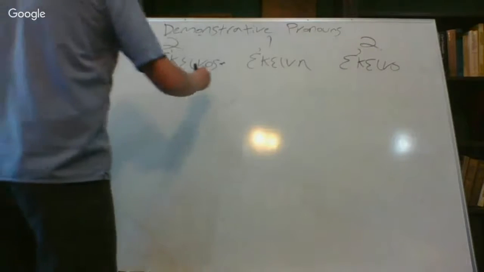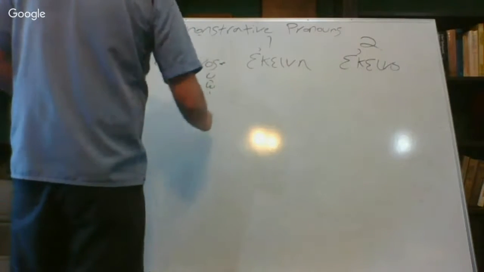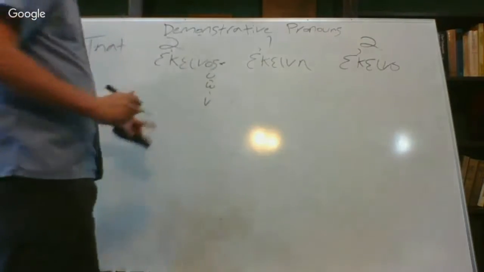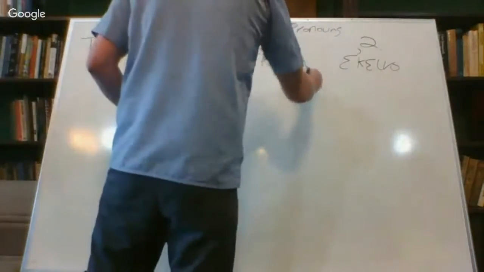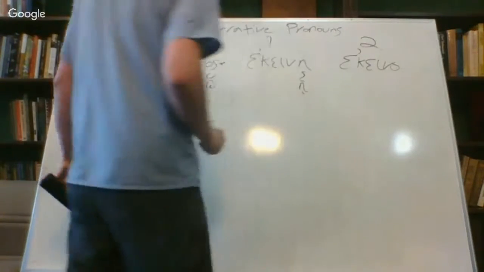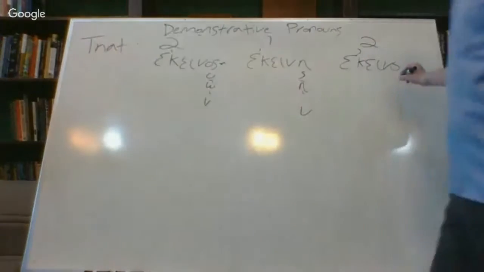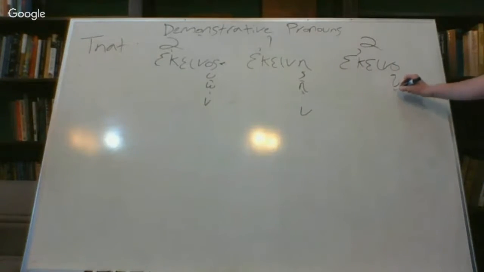we know that it's going to end with an omicron upsilon, subscripted iota, and then a nu. And then over here, eta, subscripted iota, and then a nu, and then over here omicron, subscripted iota, and it's not going to have a case ending.